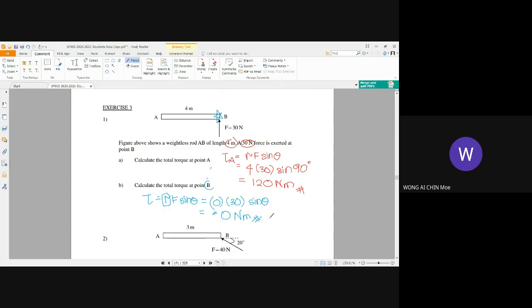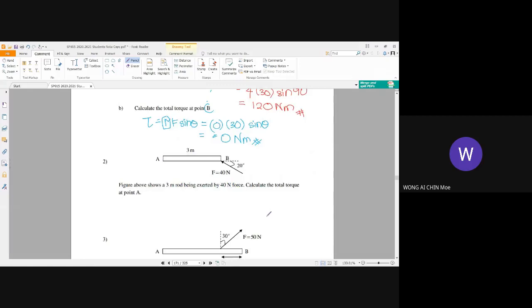Okay, we try next question. So the rod is 3 meter, exerted 40 Newton. Calculate the total torque at point A. So point A is our star. Radius from point A to the acting point where the force is acting is 3 meter. Force acting on this rod is 40 Newton.